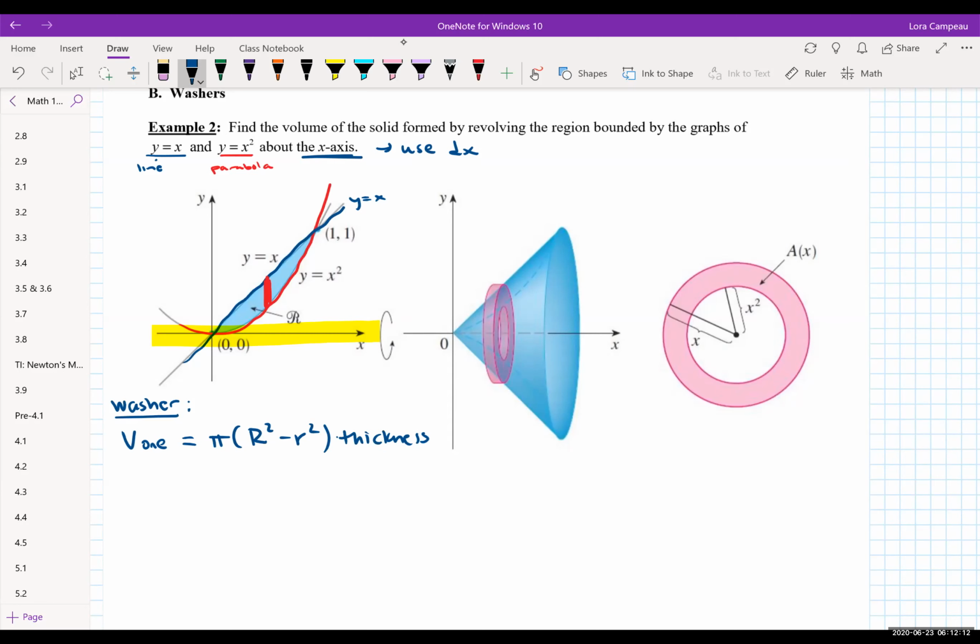And so we already know that the thickness, if we're going about the x-axis, is dx or delta x. We kind of have everything set to go, that whenever we try to integrate, we're going to have to rewrite all of our r's in terms of our x's.